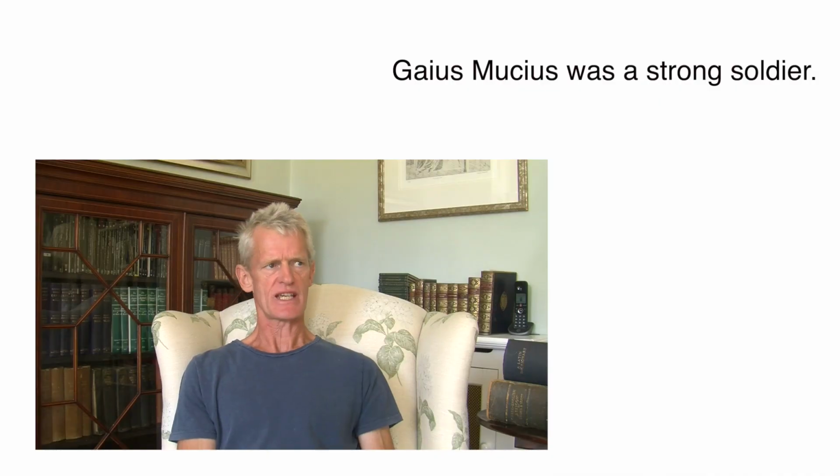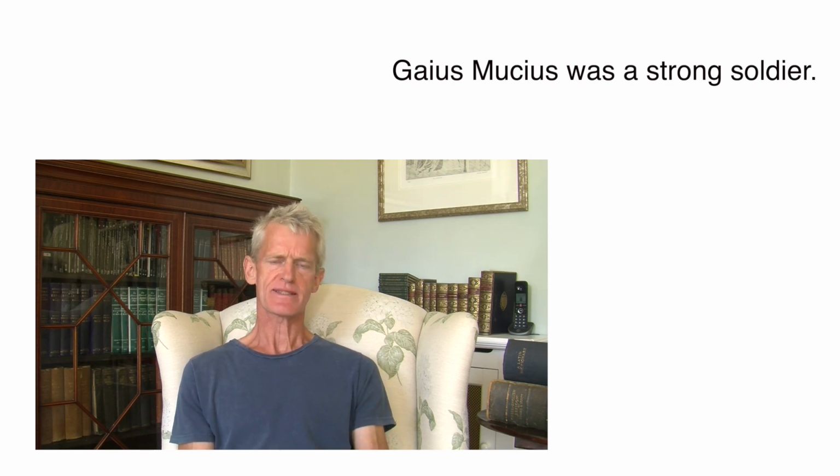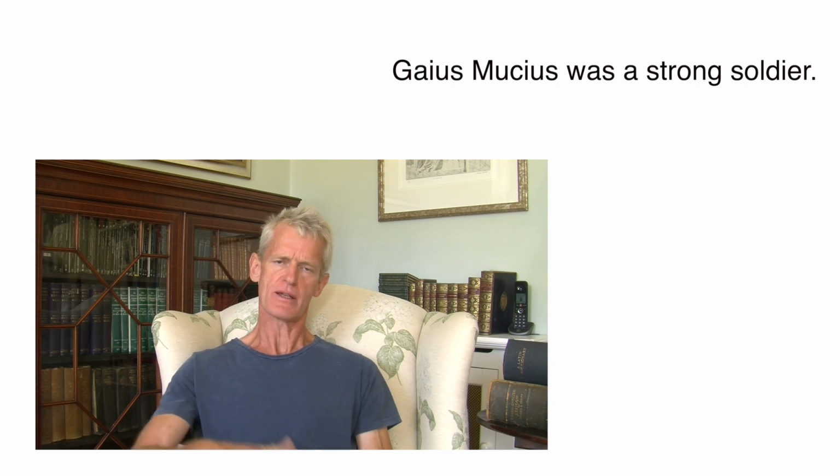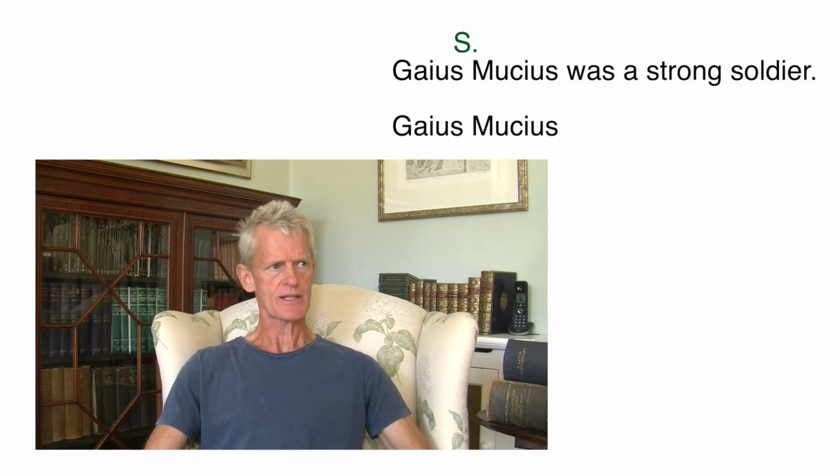So let's begin with: Gaius Mucius was a strong soldier. Now Gaius Mucius is a name. Latin names are nouns, and normally, if they end in us, they go like annus, and if they end in a, they go like mensa. So, Gaius Mucius, that's our subject.